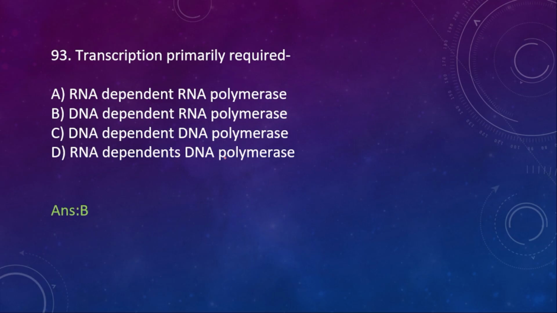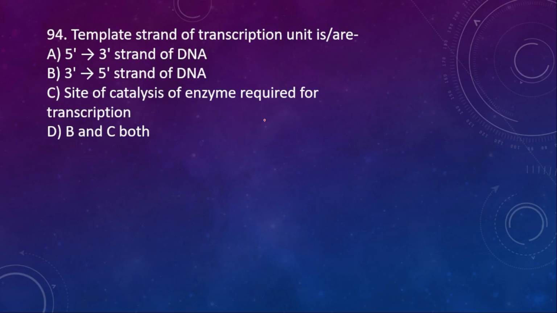Here the right option is option B, DNA dependent RNA pol, because in the transcription, depending upon the DNA, we are synthesizing what? RNA. That's why DNA dependent RNA pol is required.